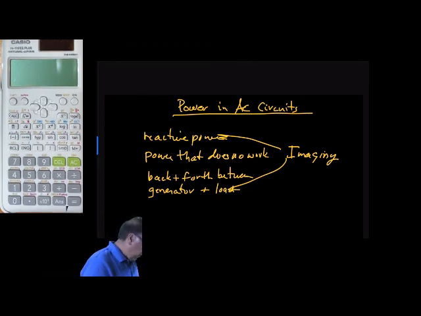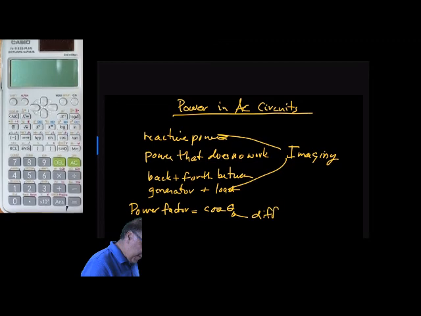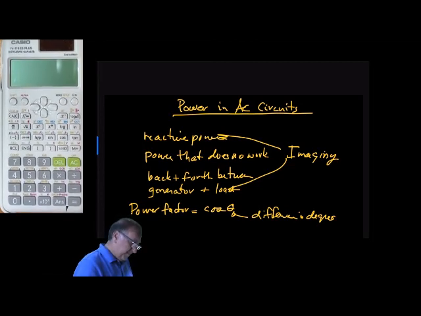The metric for the power factor is the cosine of theta, where theta is the difference in degrees between voltage and current waveforms.